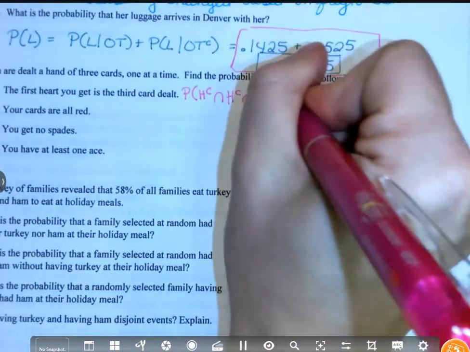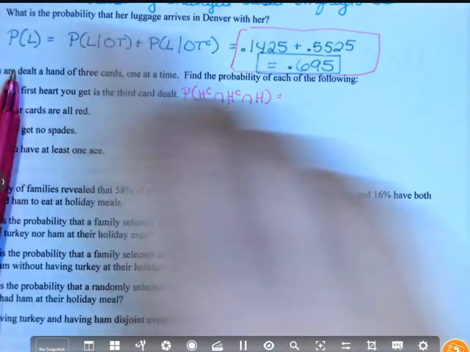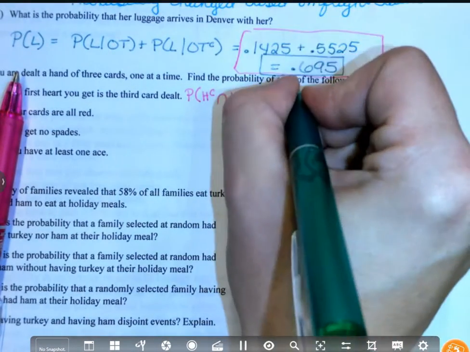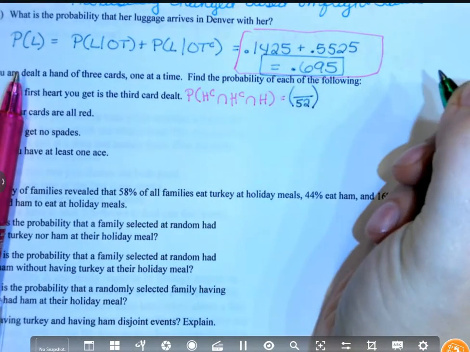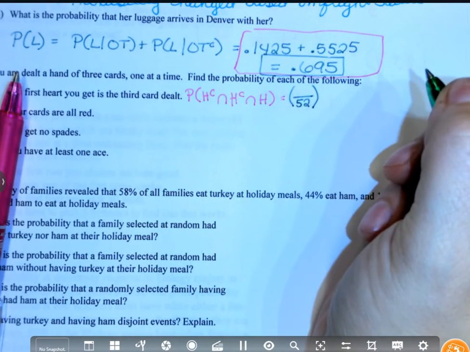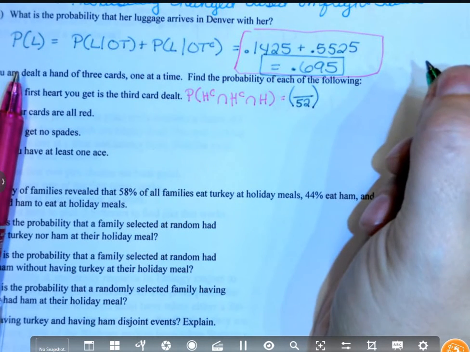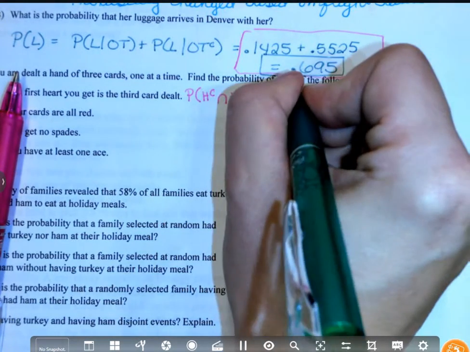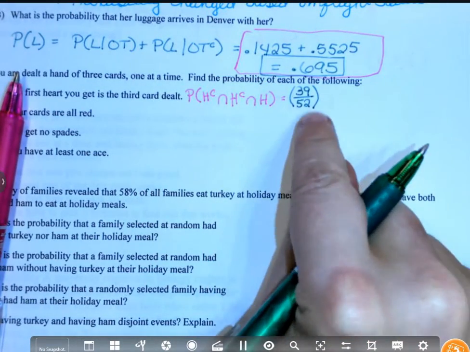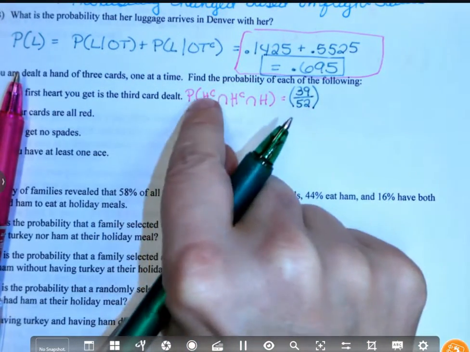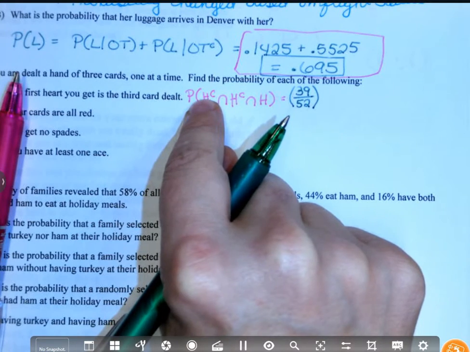So what is the probability? How many cards are there in a deck? 52. And of those 52 cards, how many of them are hearts? 13. So that means how many of them are not hearts? 39, yeah. So that's the probability that the first one is not a heart.